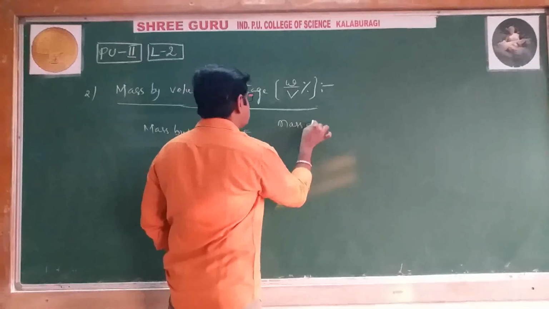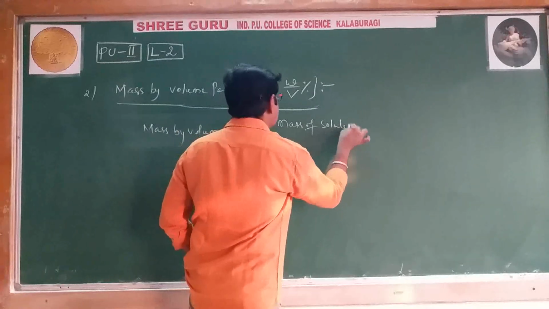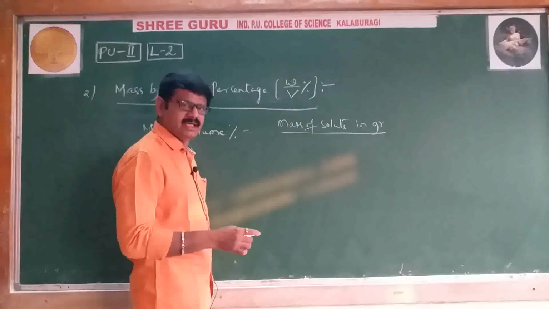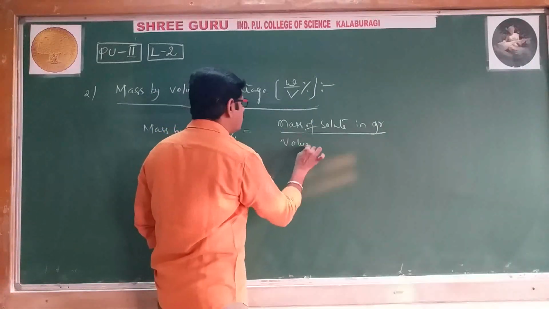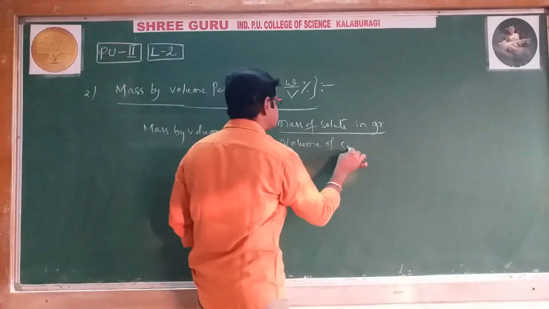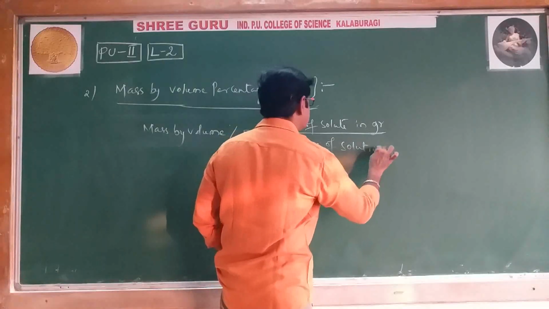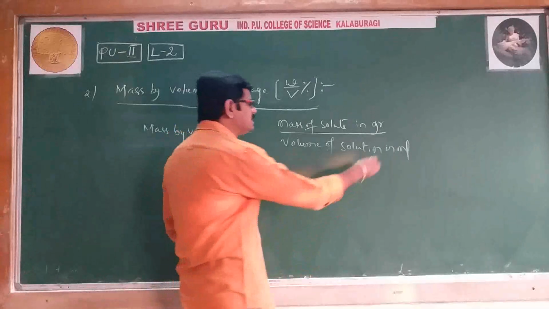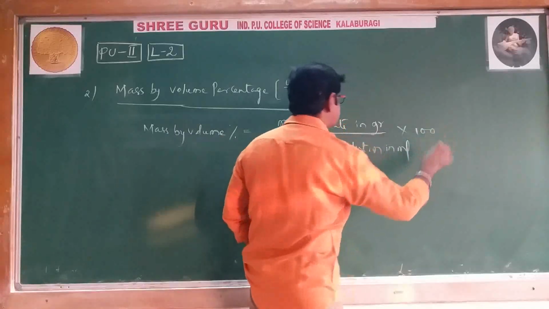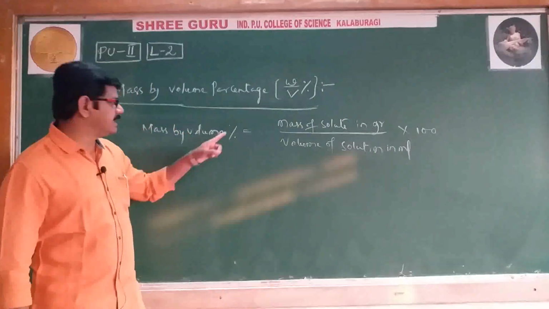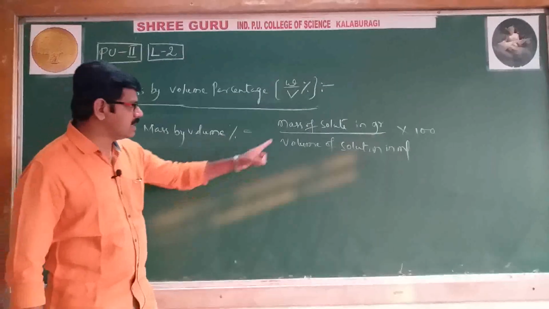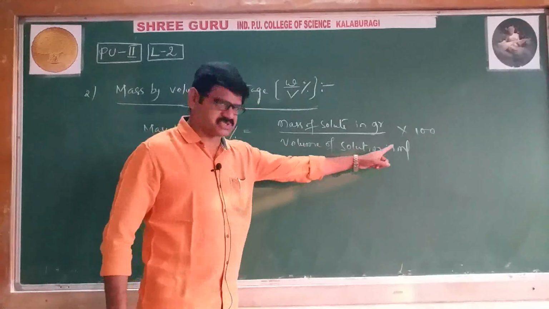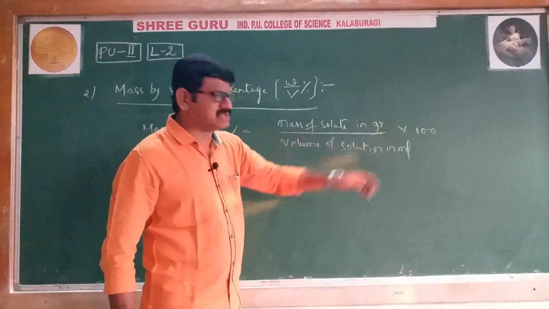mass of solute in grams divided by volume of solution in milliliters into 100, because we are calculating percentage. I'll repeat: mass of solute in grams divided by volume of solution in milliliters into 100.